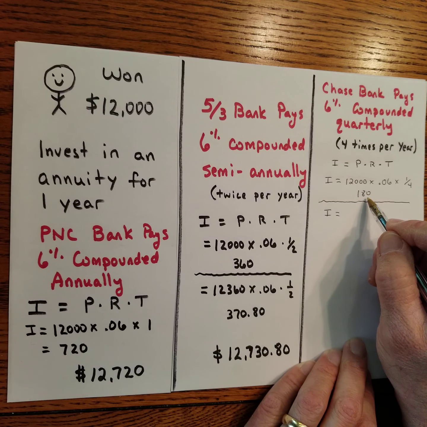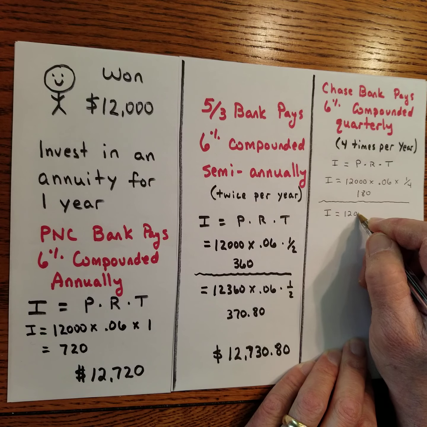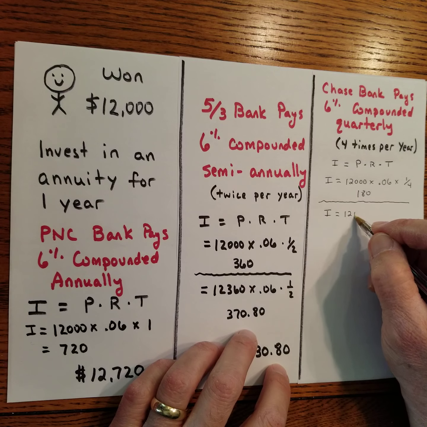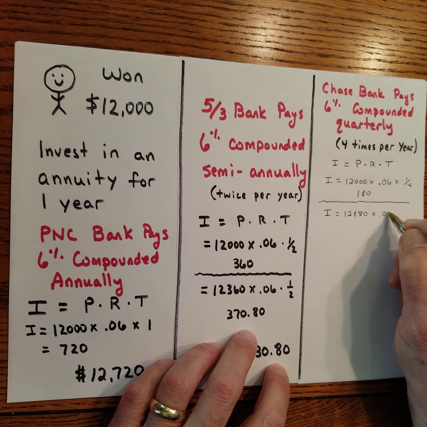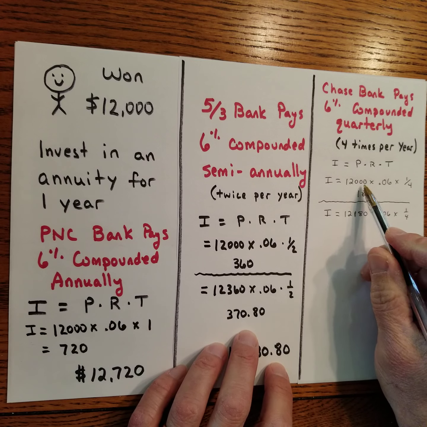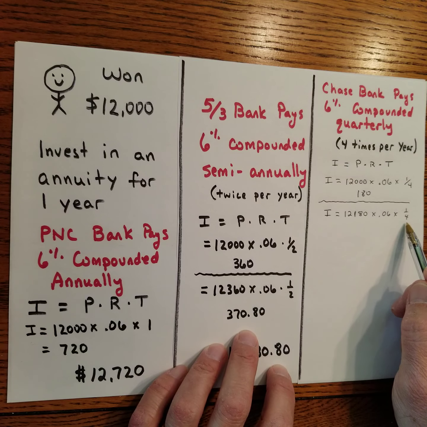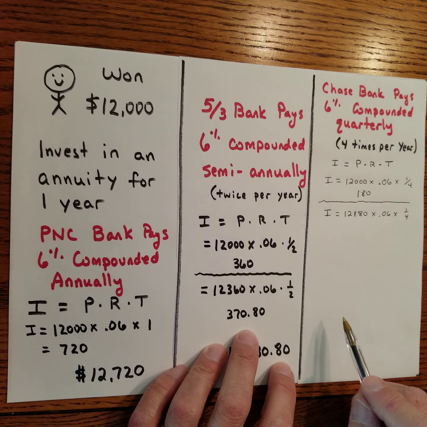Let's add the $180 back onto the 12,000 that we invested, and we wait 3 more months, another 1/4 of a year, and we compound again.